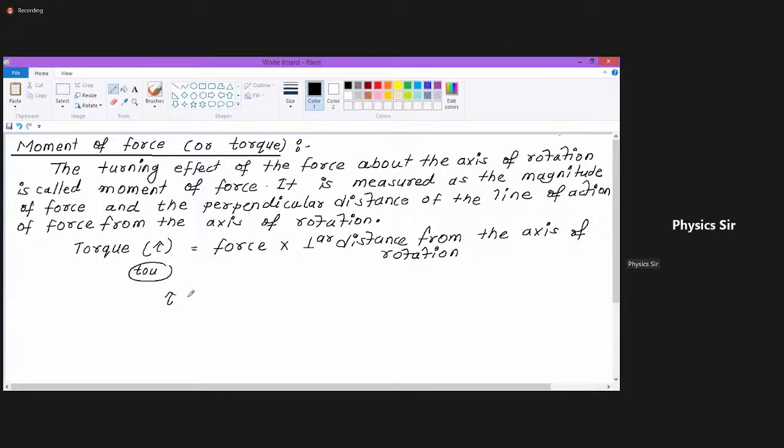So I can say the torque will be F into R.